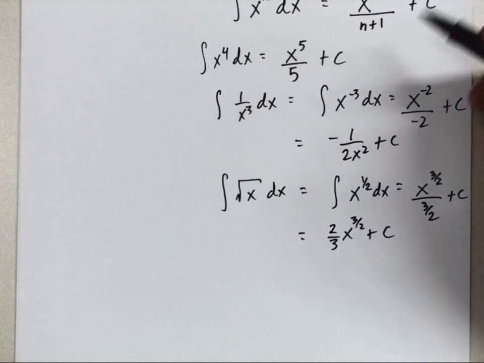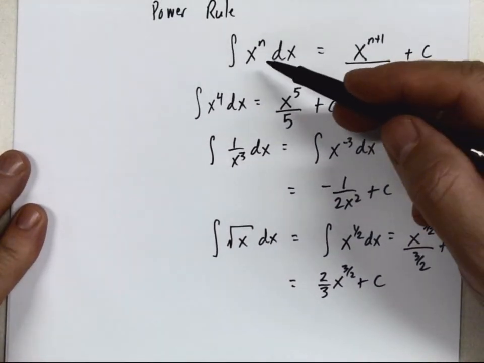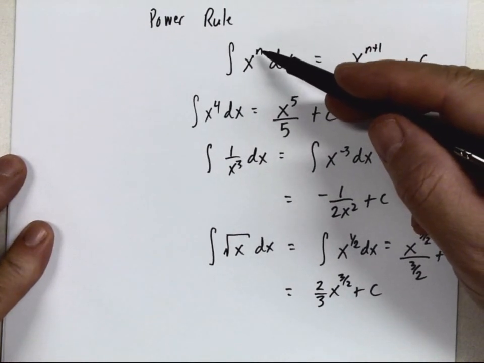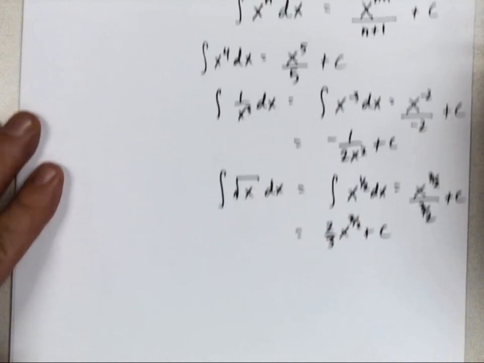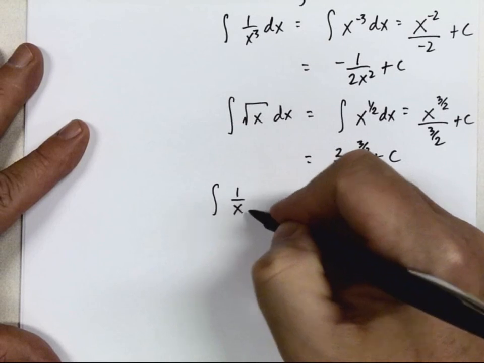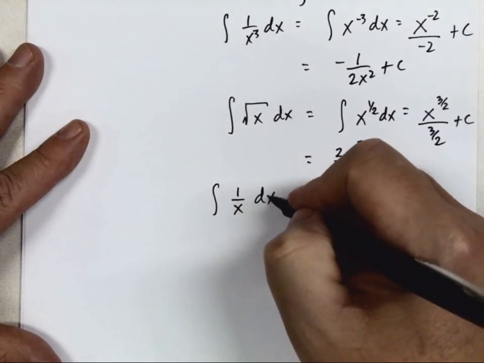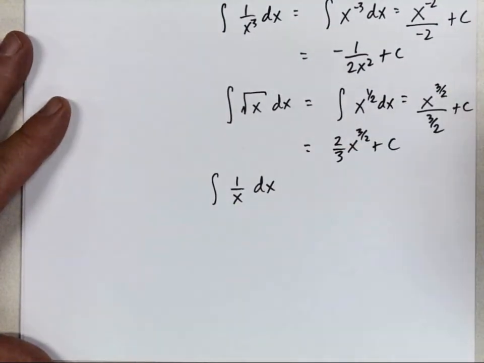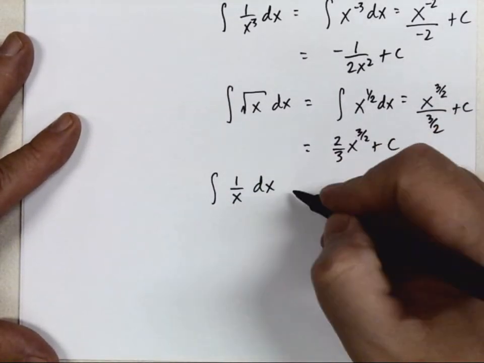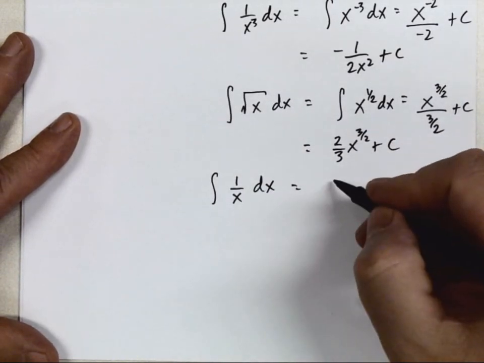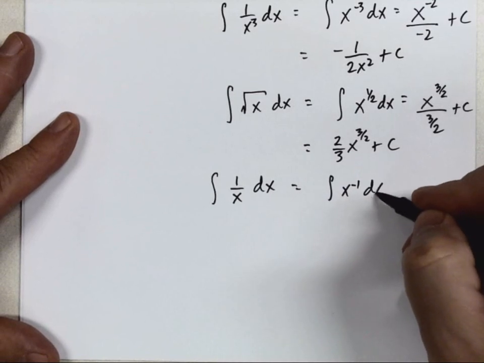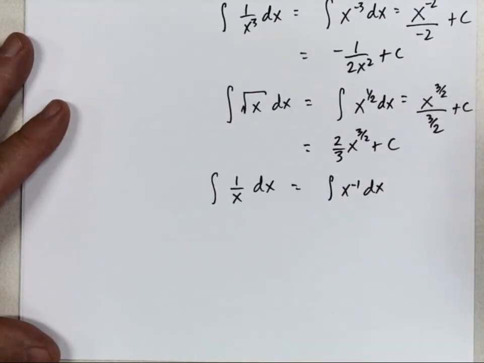Now, there's one number that we put in for n, and if n is that number, we cannot use the power rule. So here's the only case where the power rule doesn't work. And actually, let's use the power rule, and you'll see why it doesn't work. I'm going to get this x up in the numerator in the top, so I can rename this x to the minus 1 dx.